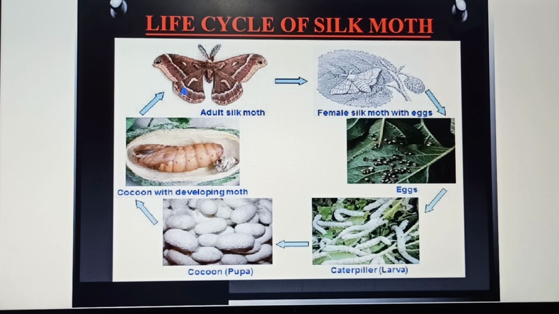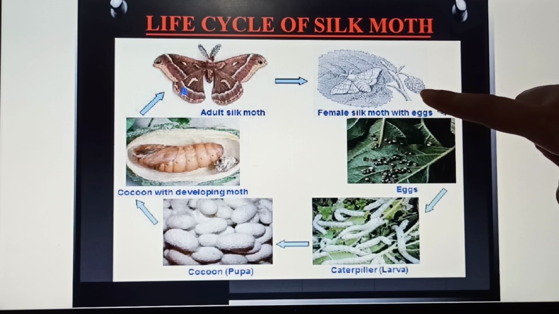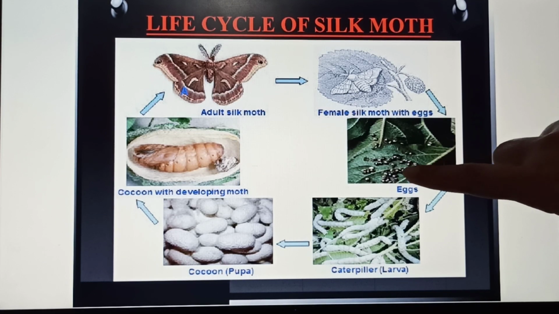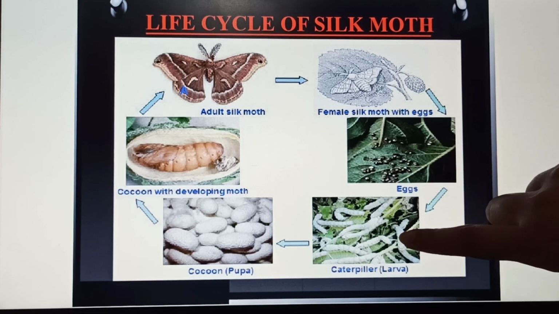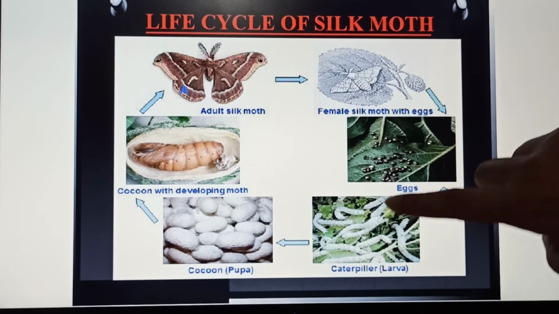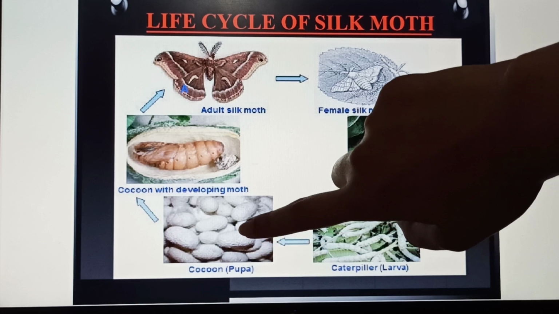This is a picture showing the life cycle of a silk moth, in which we start from here, that the female silk moth is laying eggs on the mulberry plant, and then these eggs are hatched and converted into caterpillar, that is larva. Then these caterpillars secrete fibers that are made of proteins and weave the fiber called cocoon or pupa.